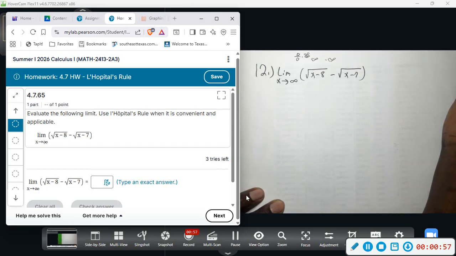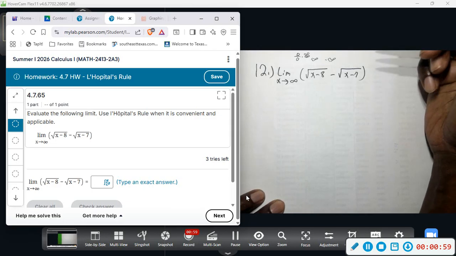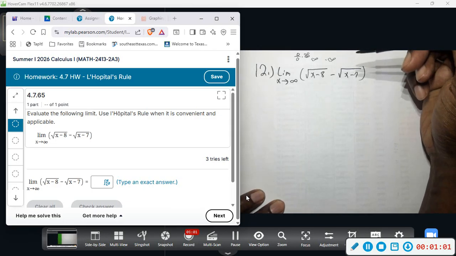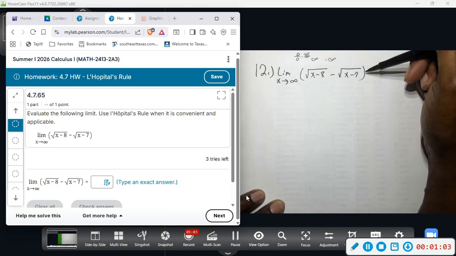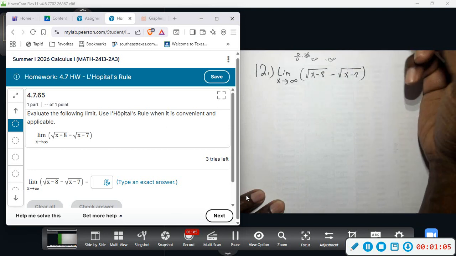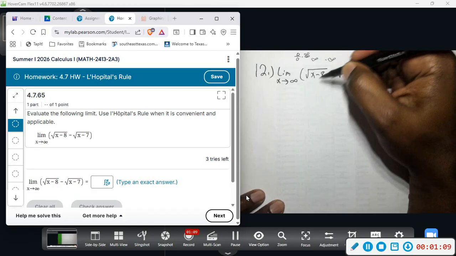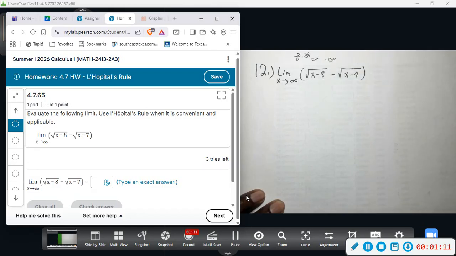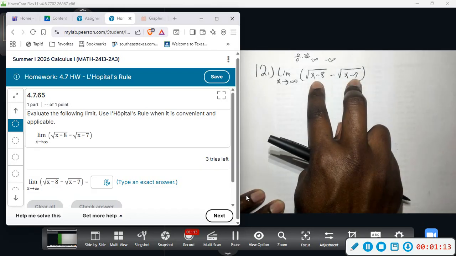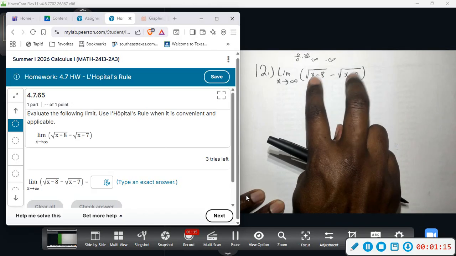So when it's in that form, we can do L'Hopital's rule. Example 5 in the textbook factors out an x squared and then rewrites it, and we can get it into L'Hopital's rule, but the example shows an easier method. It's kind of multiplying by the complex conjugate, or using that difference of squares.